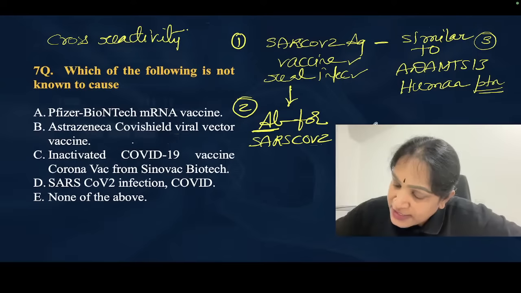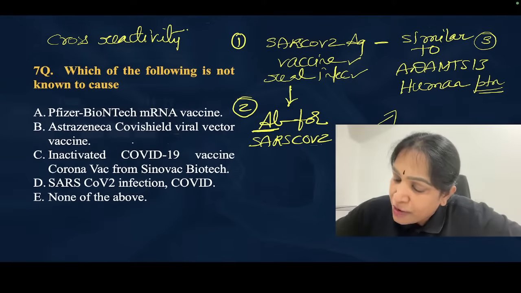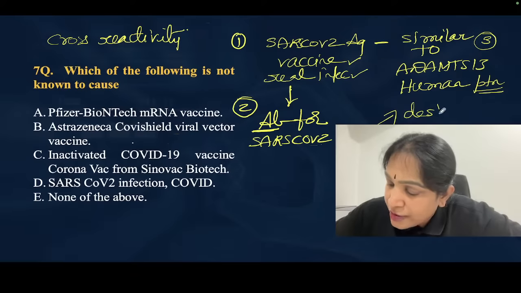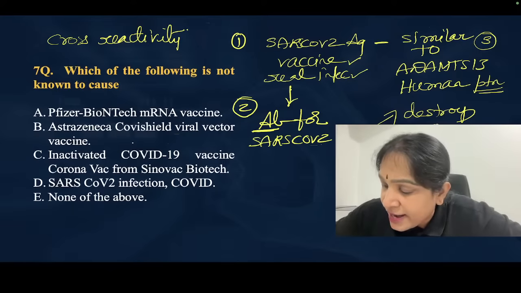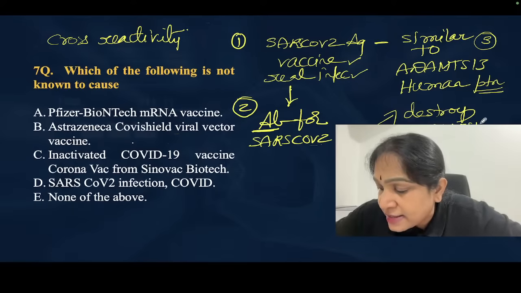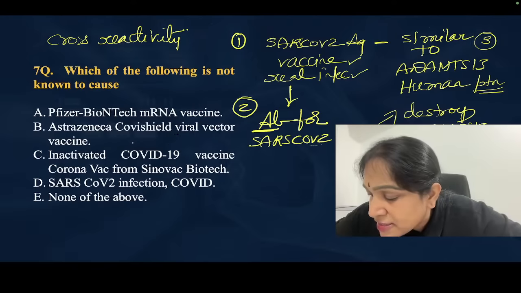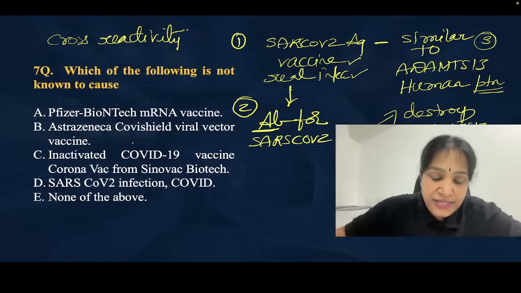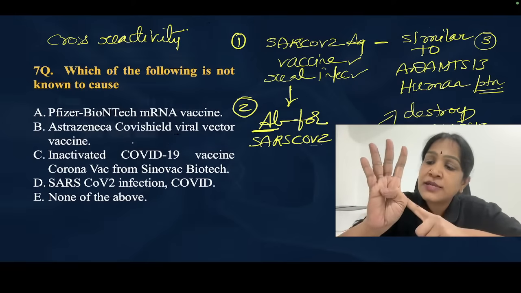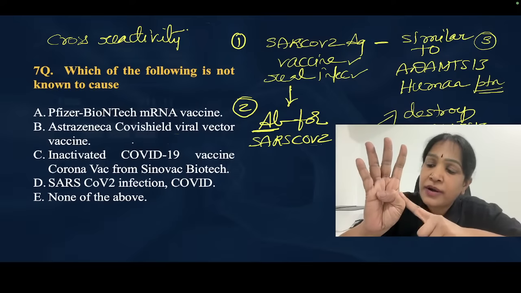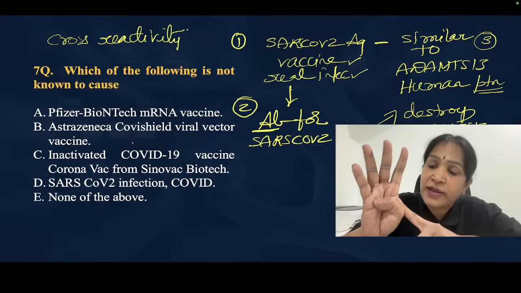So, fourth step, these antibodies will destroy that ADAMTS13 also. How? By mistake. That is not the intended action. I hope all of you are understanding. Step 1, SARS-CoV-2 antigen entered our body, either by vaccine or by real infection.